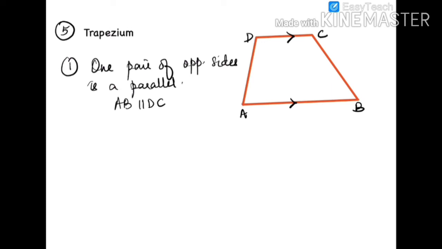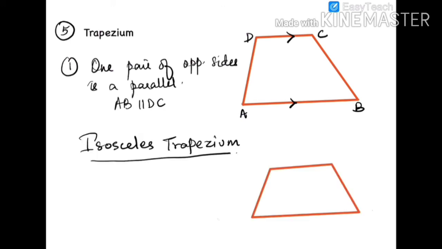However, if the non-parallel sides DA and CB are equal in length, then this trapezium is called an isosceles trapezium. So in an isosceles trapezium, one pair of opposite sides will be parallel and the other pair of opposite sides, which is not parallel, will be equal in length.